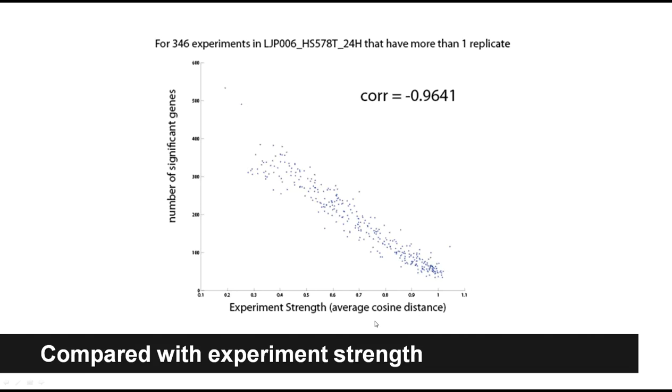We call that a small average cosine distance means a strong experiment. You can see they actually correlate very well. It's negative 0.96. So which means if an experiment is strong, it has more differentially expressed genes, and if an experiment is weak, it has a smaller number of significant genes.